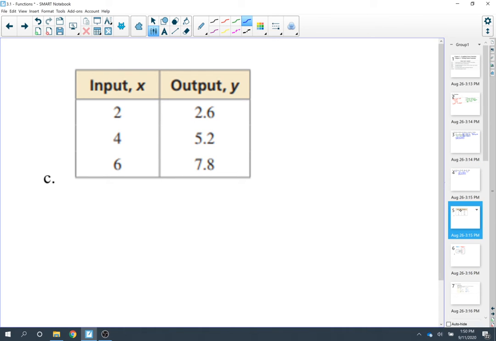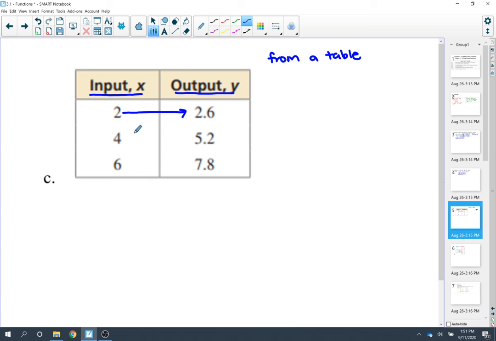Letter C. Now, the first two examples were identifying a function from a set of ordered pairs. This is from a table. So this is another way that we can identify a function. This time, these are your input values over here. Those are your x's. These are your output values. Those are your y's. So here I'm looking at 2. Is 2 being paired with exactly one output value?